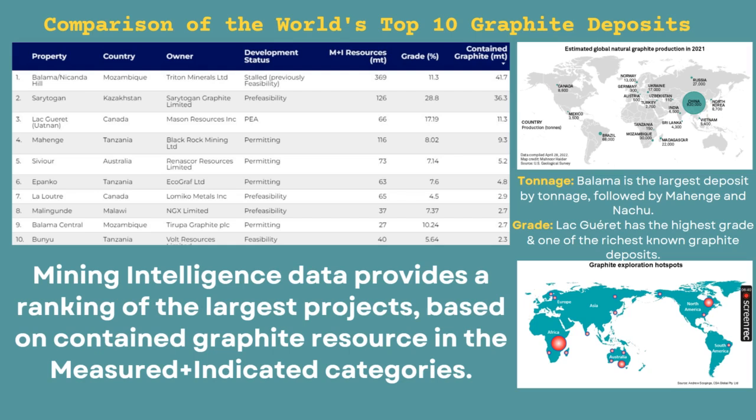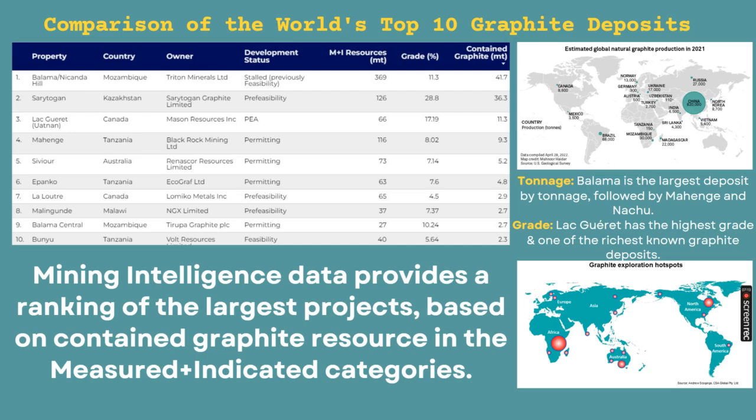Combined, that resource is about 369 million tons, and the grade is 11.3% total graphitic carbon. So contained graphite is about 41.7 million tons. So this is the world's largest deposit. So you can remember Balama, 41.7 million tons of graphitic carbon, and ore volume in the indicated and measured category combined is 369.